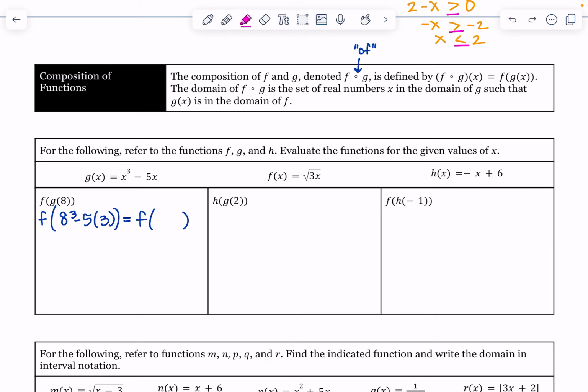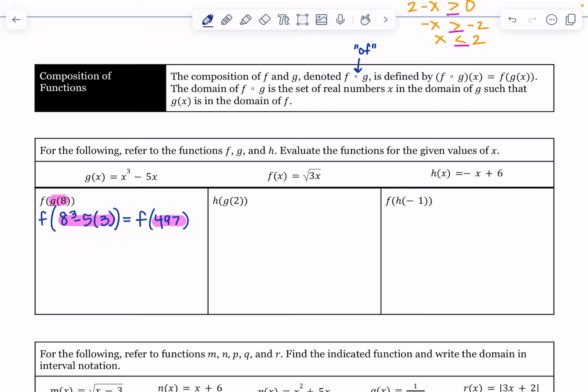I don't want to mess up by doing something by hand. So when I do 8 cubed minus 5 times 3, all in my calculator, I get 497. And that was g of 8.